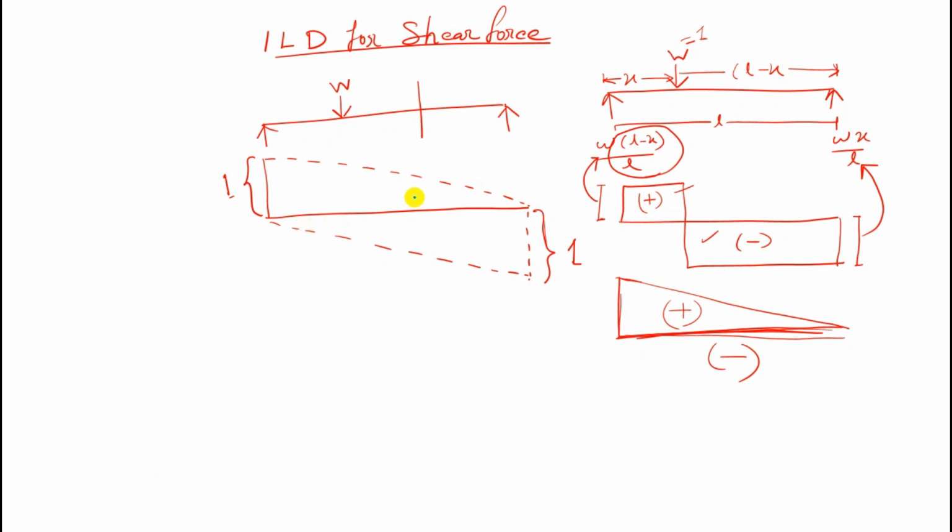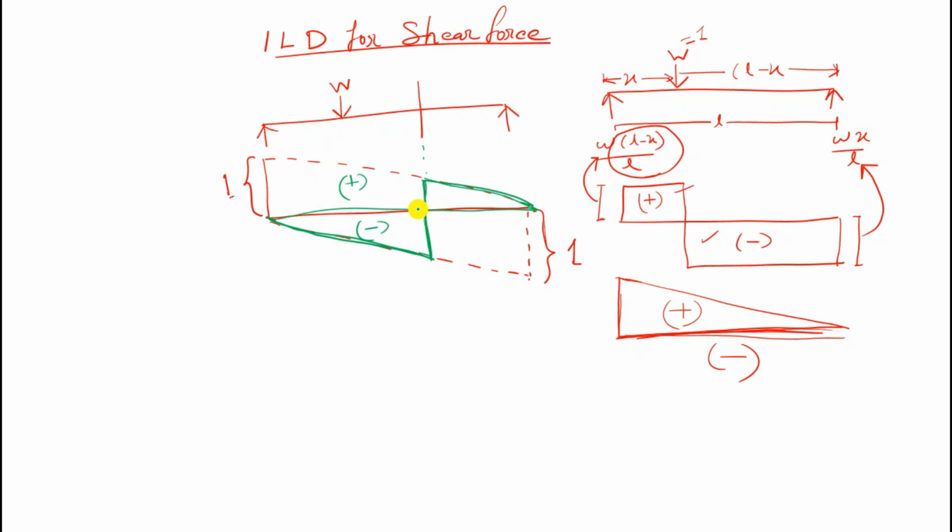Now what will be the influence line diagram for shear force actually? Below this section you just draw a particular line and connect this part and this part. So this is the influence line diagram. This green line indicates the influence line diagram for the shear force. This will be the positive part and this will be the negative part.